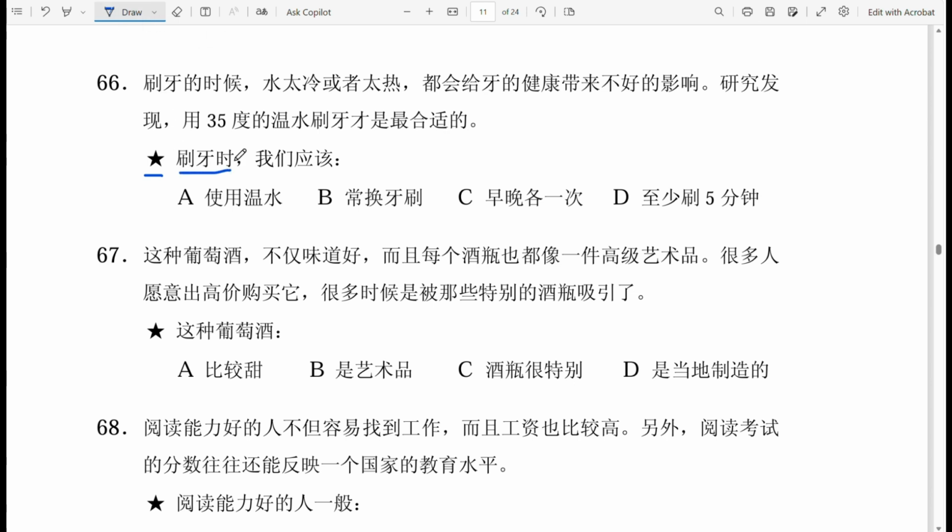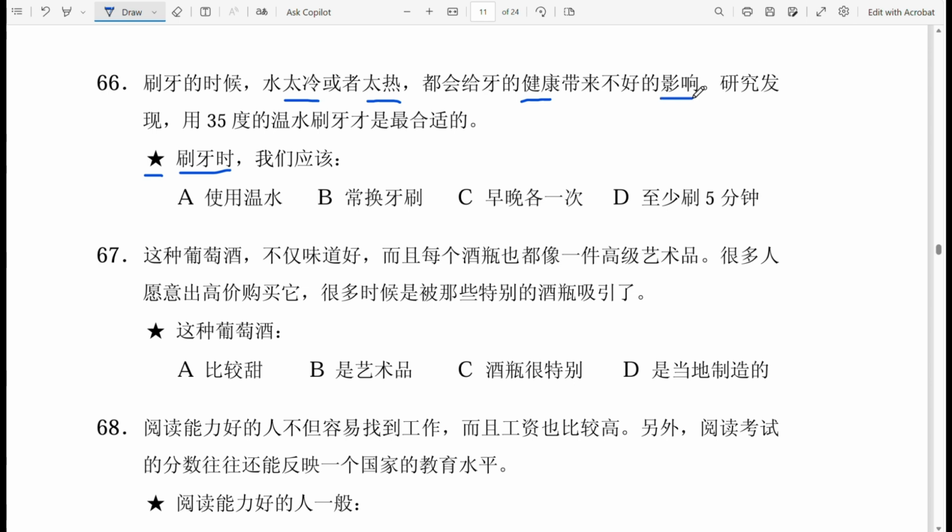So, when brushing our teeth, the water being 太冷或者太热, if the water is too hot or too cold, 都会给牙的健康, both towards the health of our teeth, 带来不好的影响.